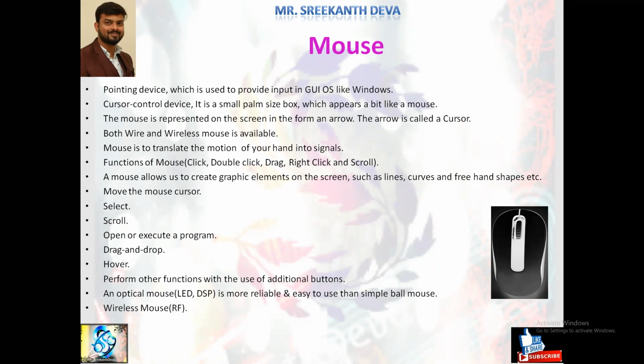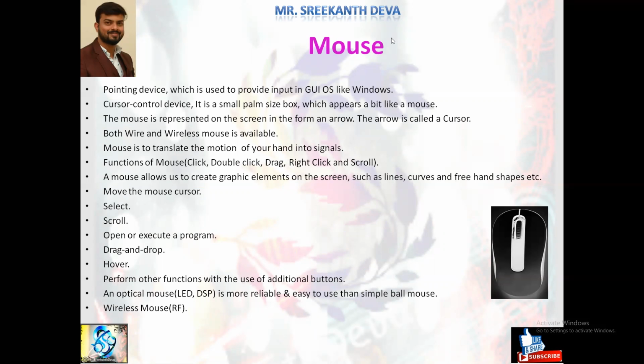It is a small palm-sized box. It has a round ball at its base which senses the movement of the mouse and sends the corresponding signals to the CPU on processing the buttons.